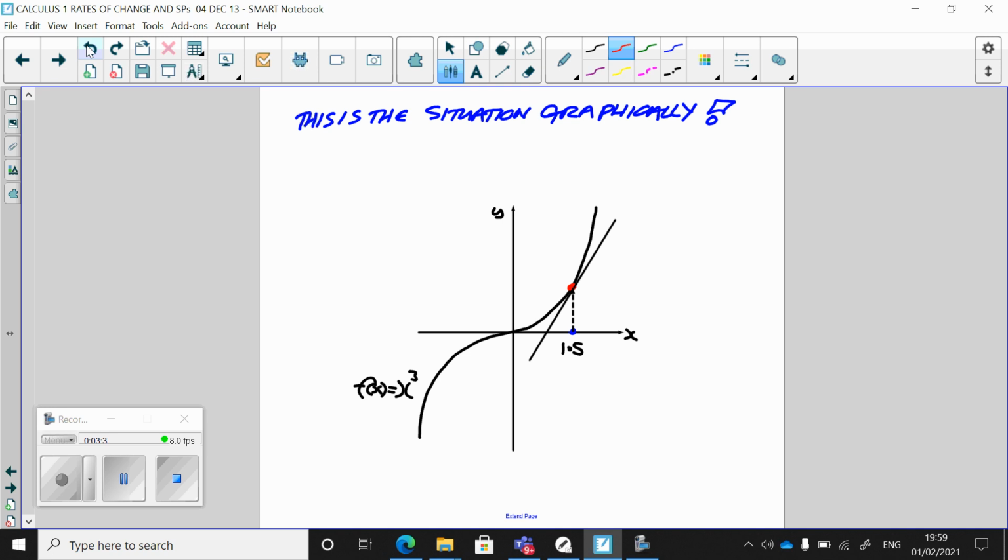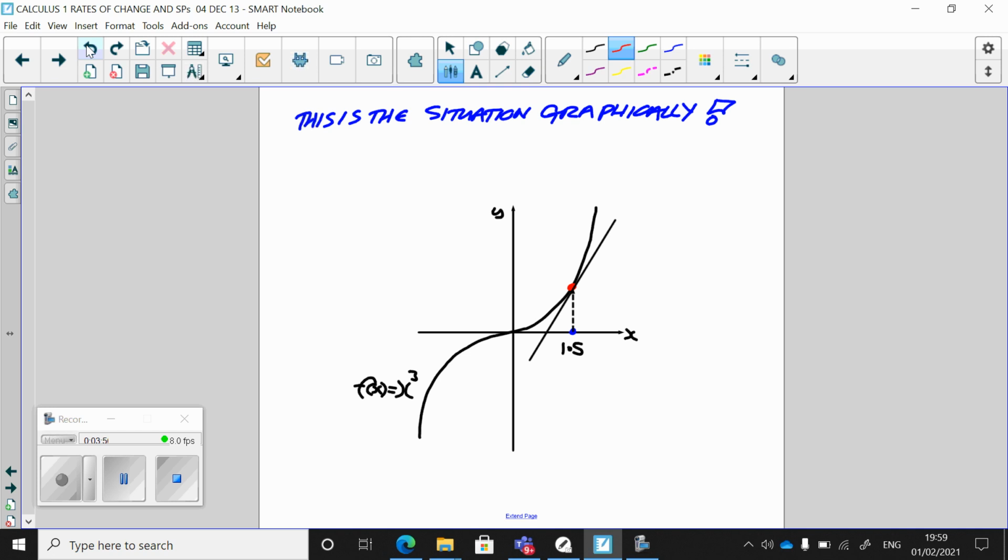I've selected a value on the x-axis of 1.5, gone up vertically till I hit the curve, and put a tangent line in there. So the steepness, or gradient, for both the line and the curve are identical here.